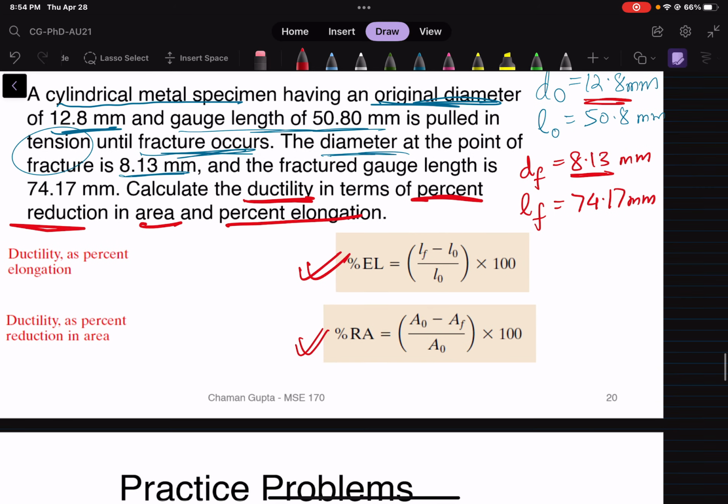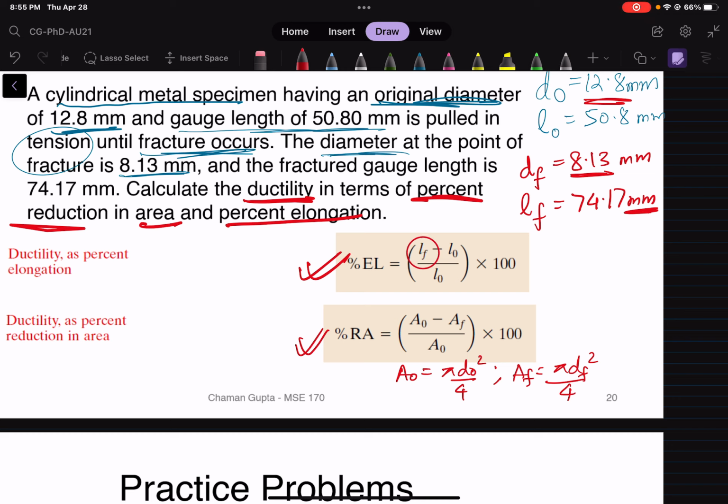Here, A naught, just to be clear, will be pi D naught squared by 4, and your A F will be pi D F squared by 4. Keep the units in check. Because it's all millimeters and it's a percent ratio, you can keep everything in the units that are given to you. You don't have to convert it to meters, because they'll all cancel out, because it's a ratio, a percent elongation.